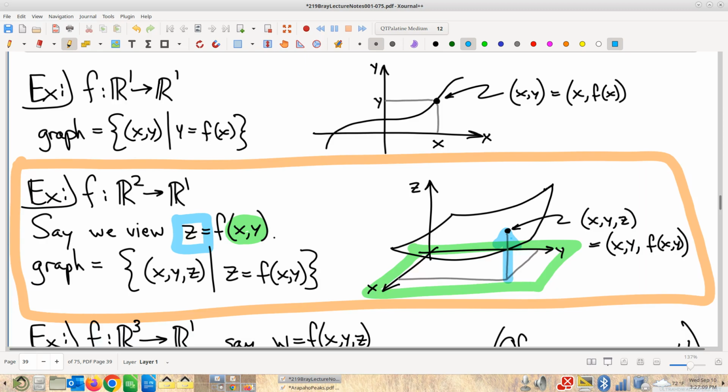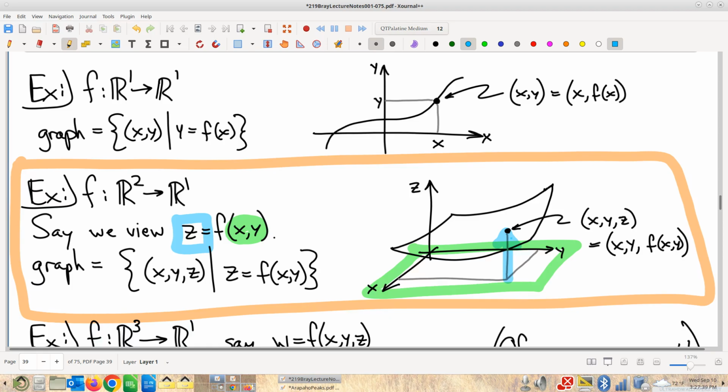And by the way, this is, I think, pretty good intuition for why the graph of a function of 2 variables is a surface. Because we start off with a domain that is a 2-dimensional surface. And every point in this 2-dimensional domain surface just gets pushed upward by different amounts at different points. But if you start off with a 2-dimensional thing, shoving it upward, you would expect to get a 2-dimensional result. Thus a surface.